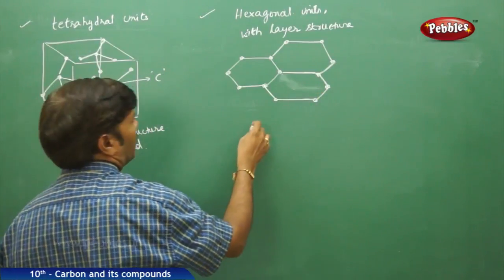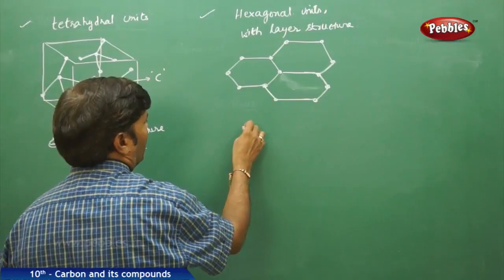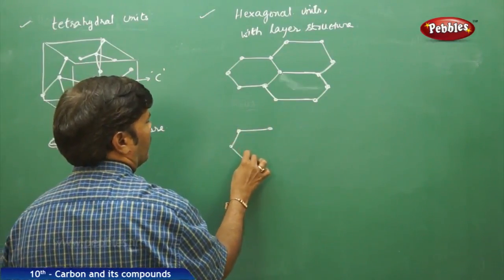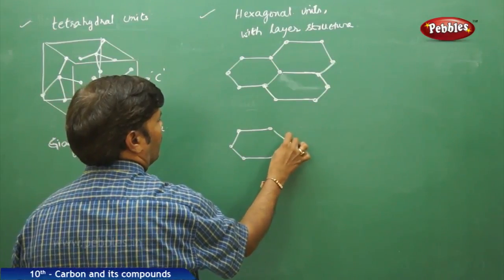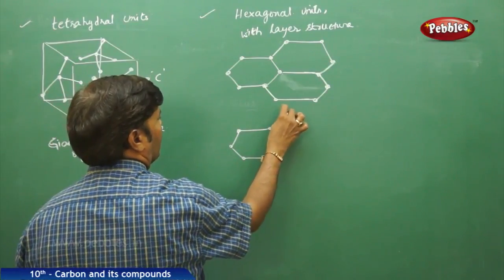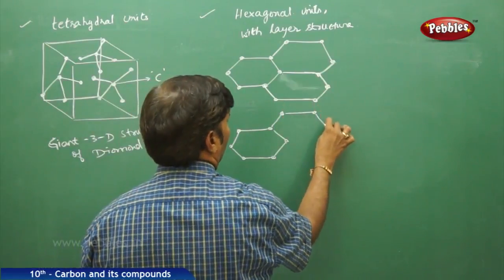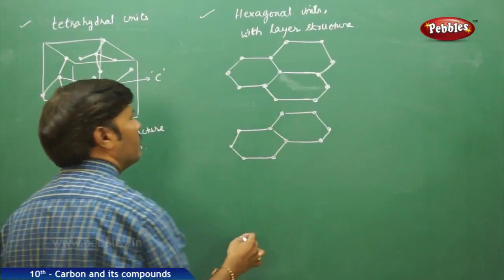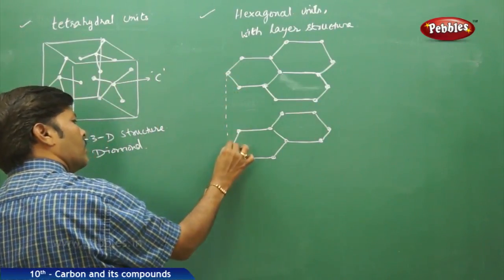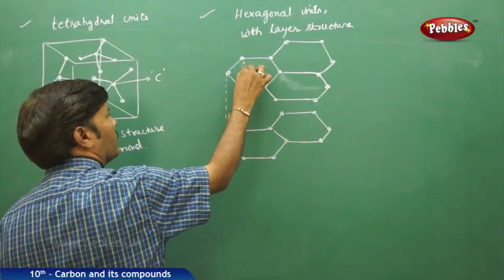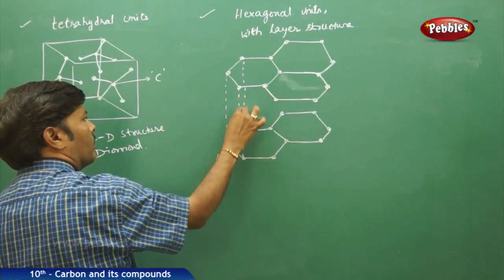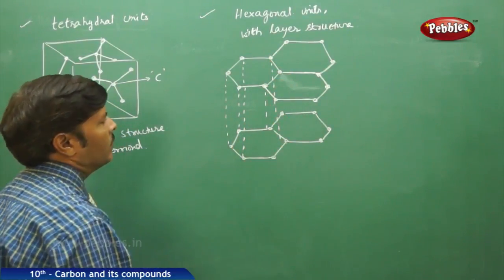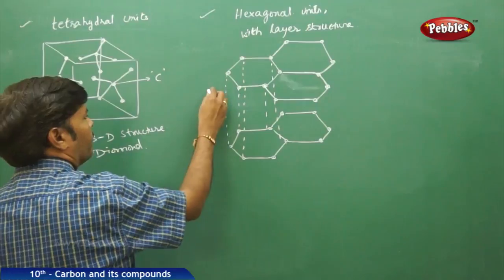So here you can take one more hexagonal unit like this. Hexagonal unit, and you can see that these are the layers.